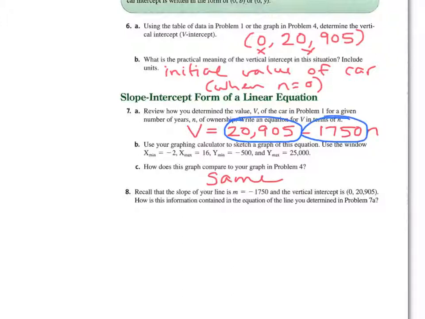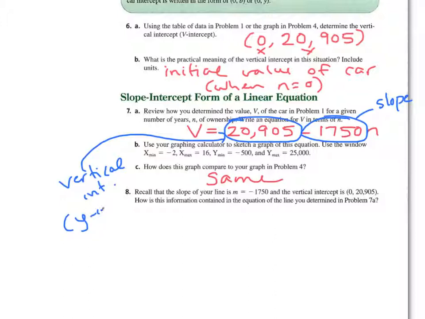This one right here is our slope. The slope is always attached to the input because it's a rate. It's 1750 per year, per n that goes by. And then this right here, that's our vertical intercept, or in other words, our y-intercept.